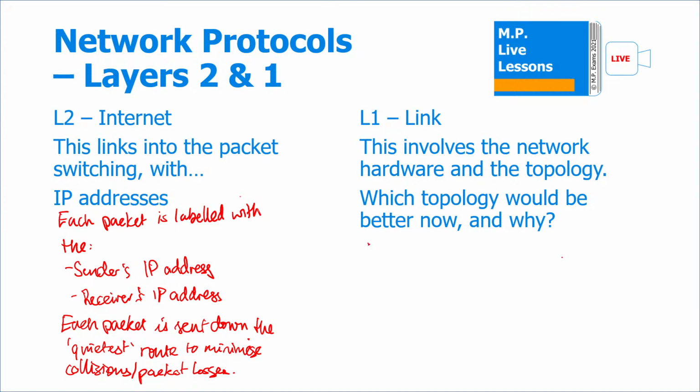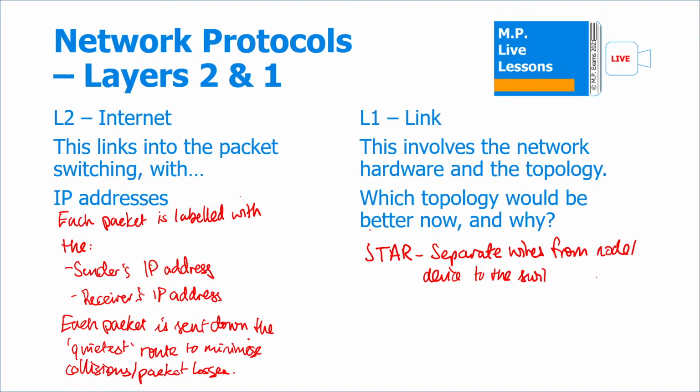I would argue it's a star, because you have separate wires from the node or device all the way to the switch. So this minimizes packet loss. So things are received.